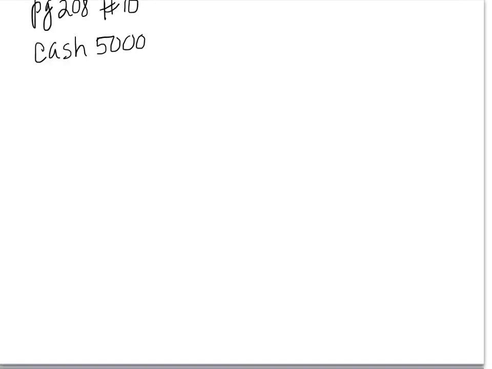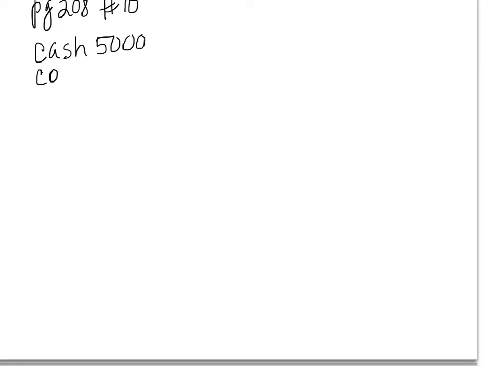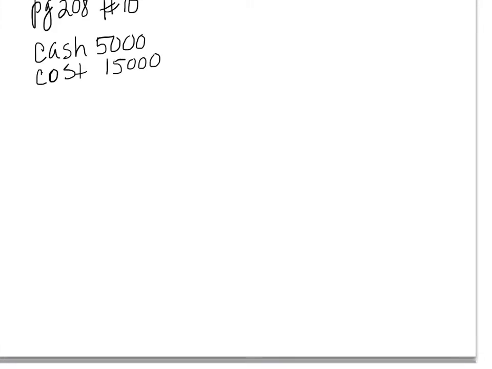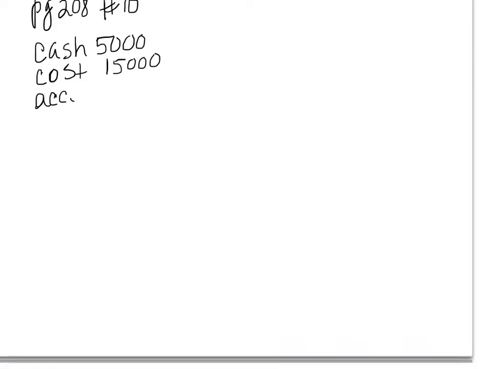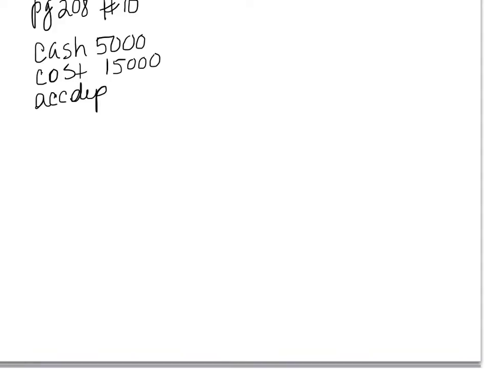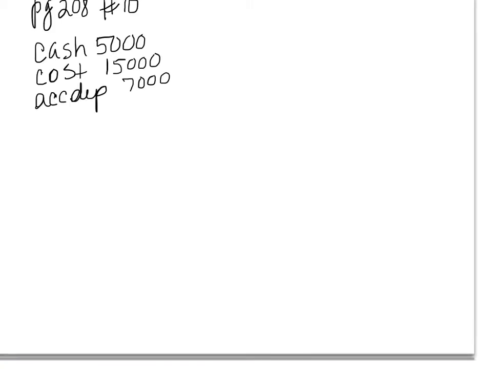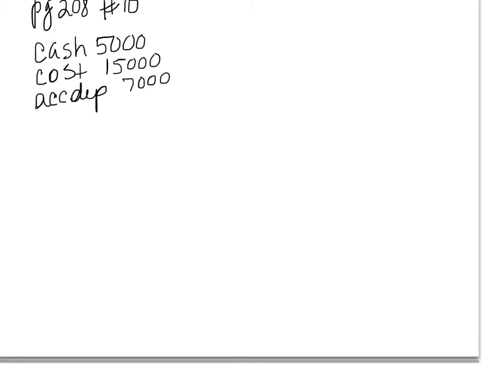The original cost of the fryer was $15,000, and the accumulated depreciation associated with that fryer was $7,000. With that information, they're asking us, can you determine if we had a gain or loss on the sale of this particular equipment?